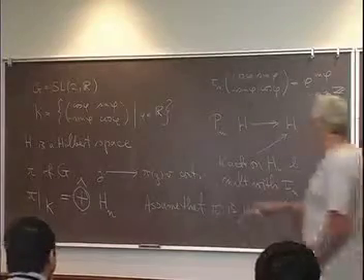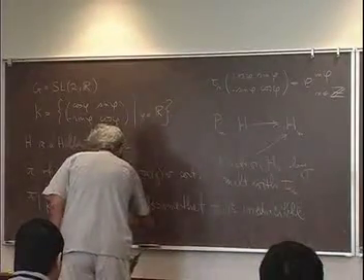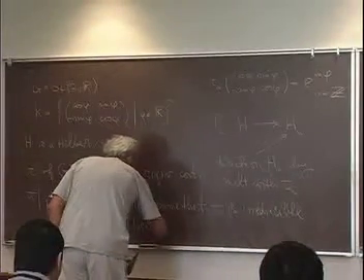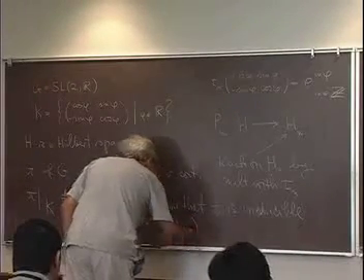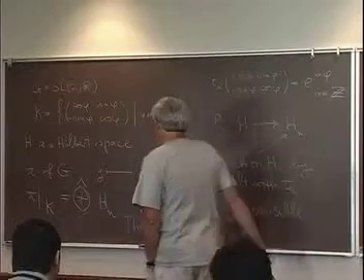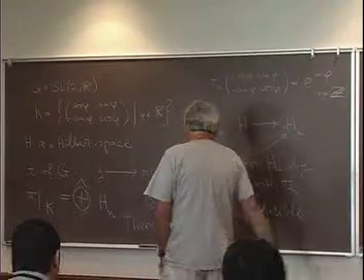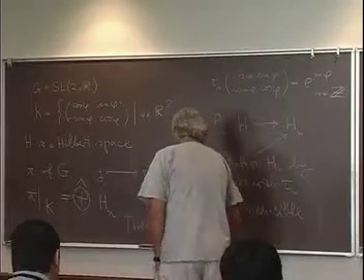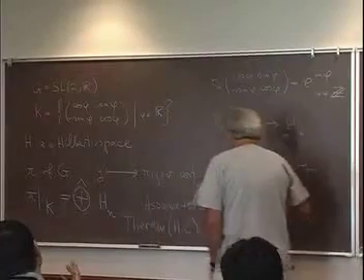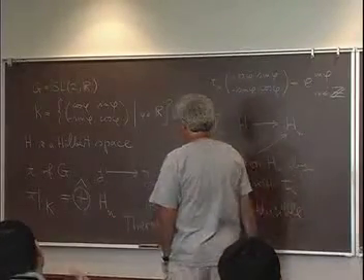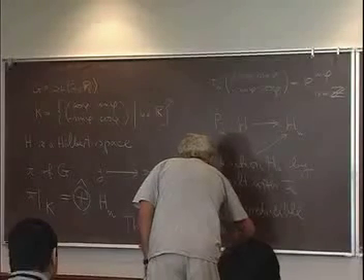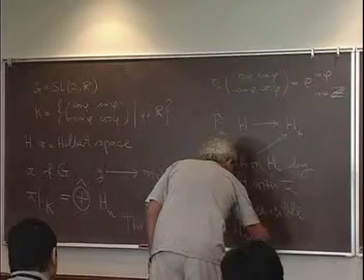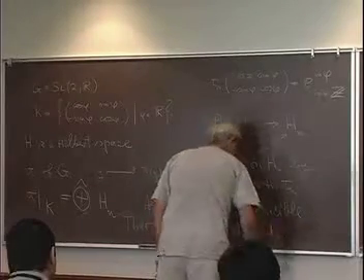So Harish-Chandra proved, and I will state it for SL2 and then comment on what happens in general, that if pi is an irreducible unitary representation, then the dimension of H_n is less than or equal to 1.